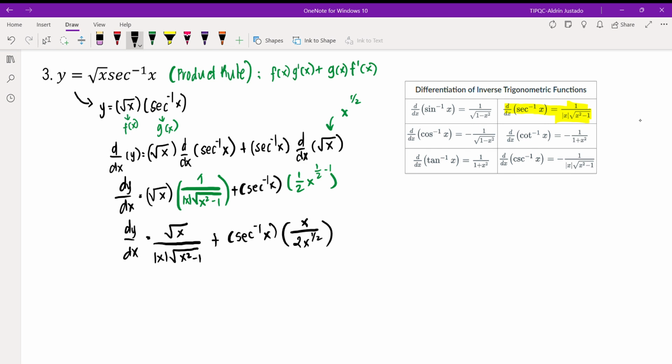Okay? So, simplifying this, we will get dy over dx equals square root of x over the absolute value of x times the square root of x squared minus 1, plus arc secant of x times x divided by 2 square root of x. Okay.